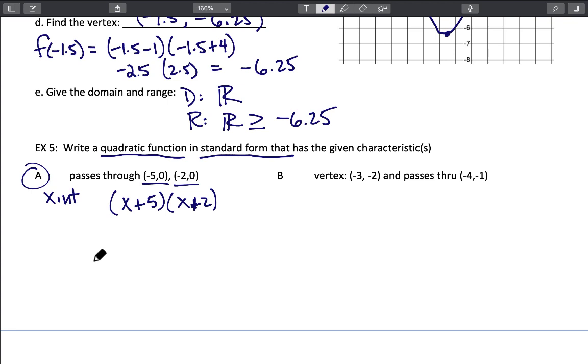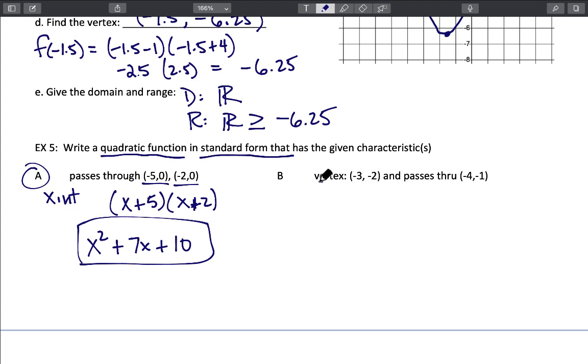I'm just going to multiply these two back together, and I'll have my quadratic in standard form. When I do that, I'll end up with x squared plus 7x plus 10. There is my quadratic in standard form that passes through the points (negative 5, 0) and (negative 2, 0).